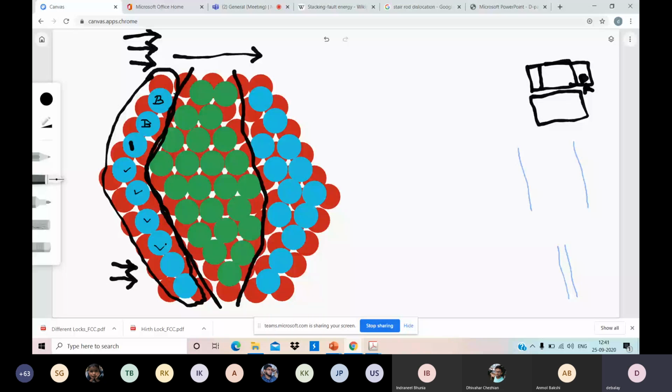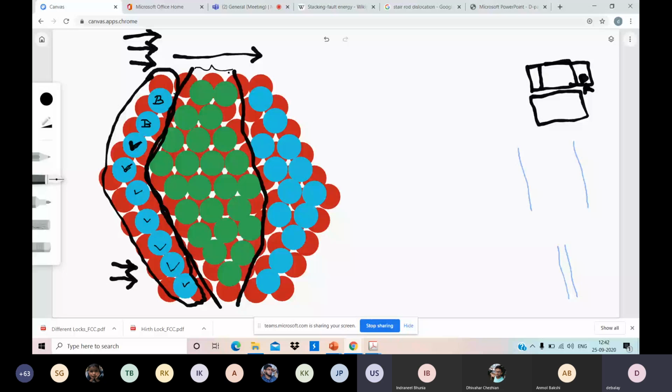So this we call the slipped region, where perfect movement has taken place, B back to B. What is the intermediate position? Stacking fault, surrounded by what? Two partial dislocations.